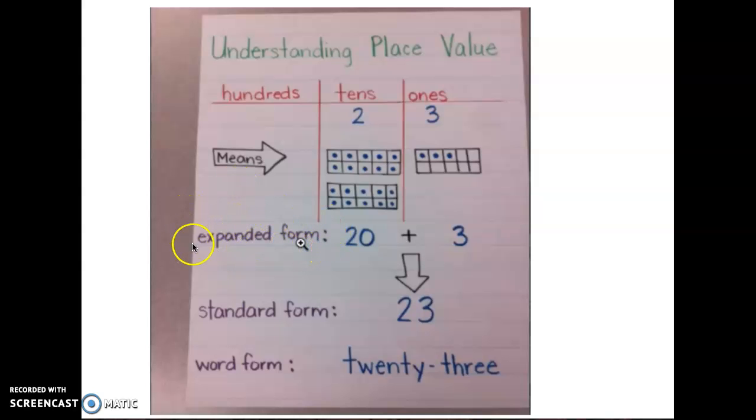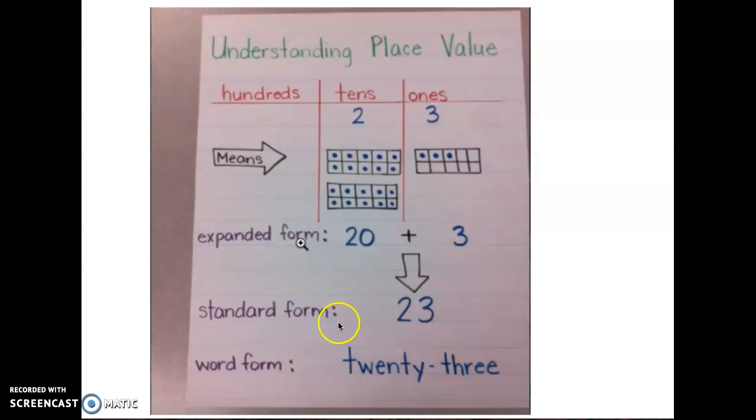First, we see what's called expanded form, whereas we break it down in addition to get to the whole number. So we know 2 tens equals 20, and we know 3 ones equals 3. So we know 20 plus 3 is what? 20 in my head, 21, 22, 23.